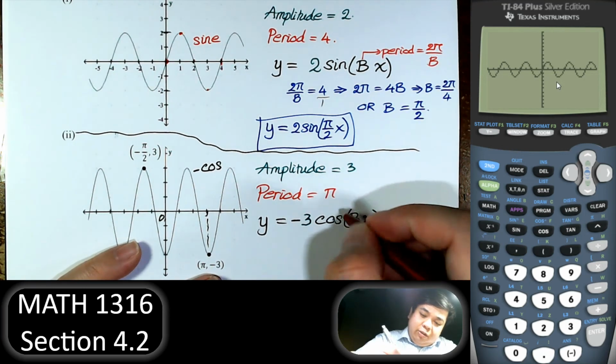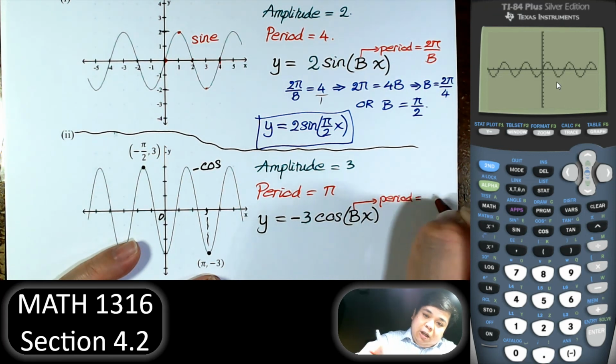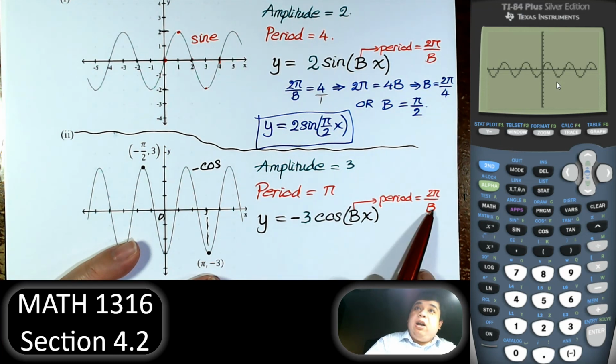now for this function, the period is equal to 2 pi divided by b. Now we're going to match pi and 2 pi over b.